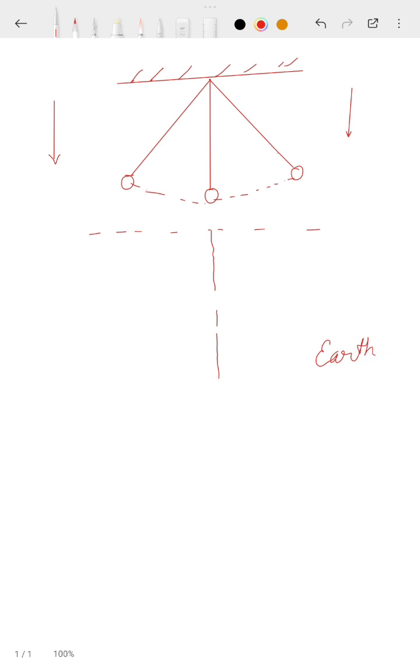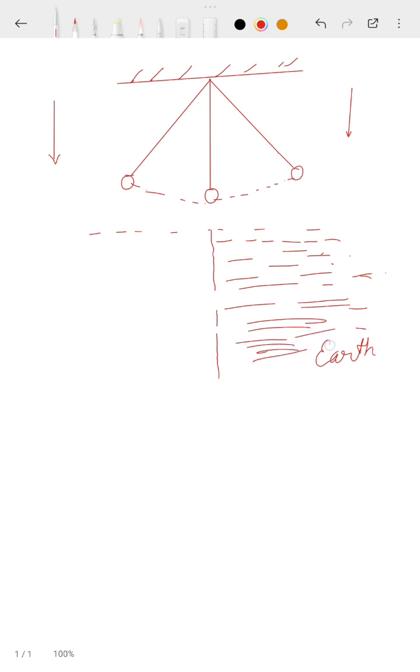Imagine a hypothetical case where on the right side the density is more, whatever the reason may be. I'm considering it as a hypothetical case; it may be something else.